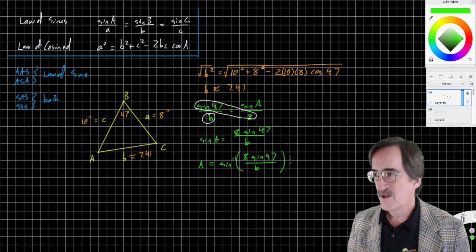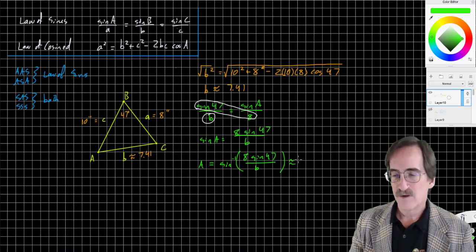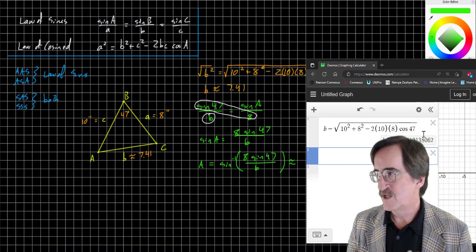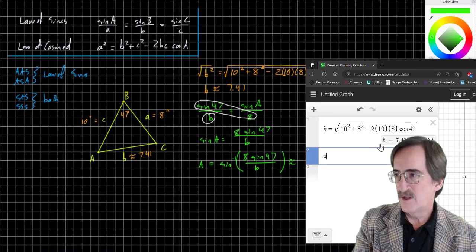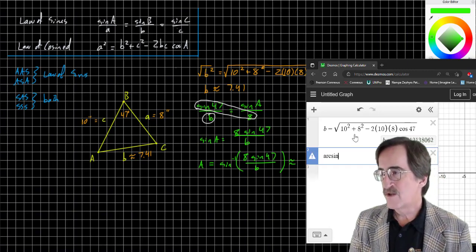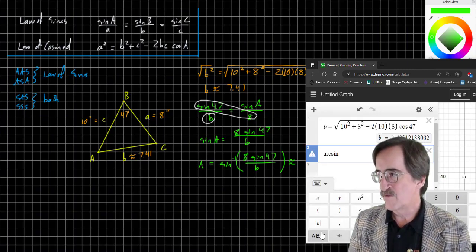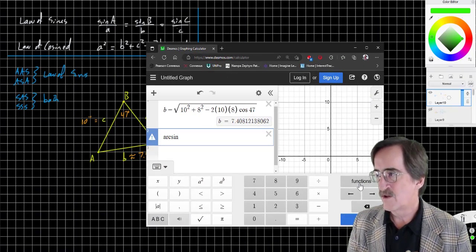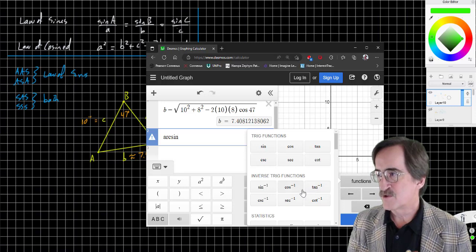Okay? And let's go ahead and calculate it here. Now in Desmos, if you're typing, it takes arcsine. You can bring up the sine little -1 by choosing the keyboard that brings a keyboard pop-up and then choosing arcsine here, right?